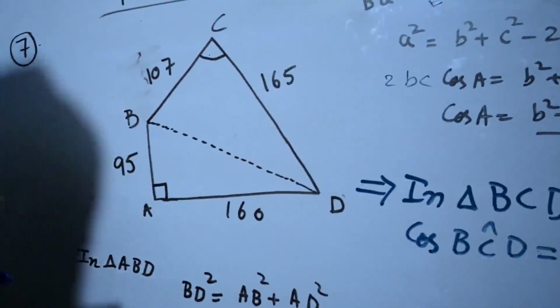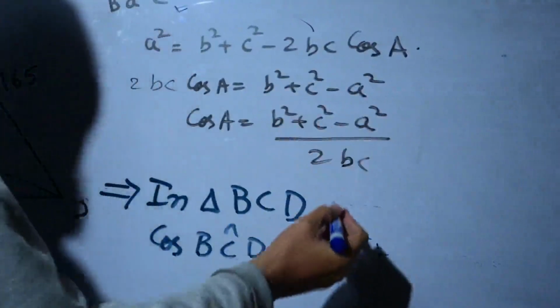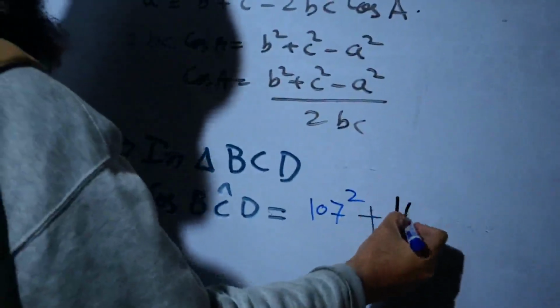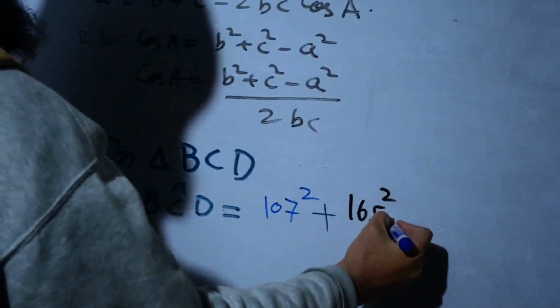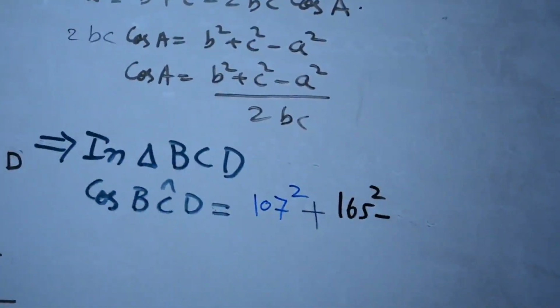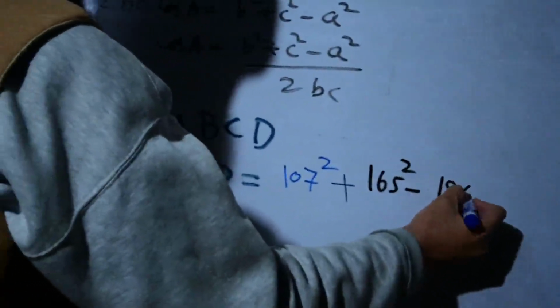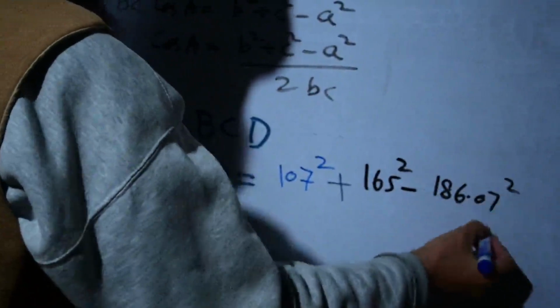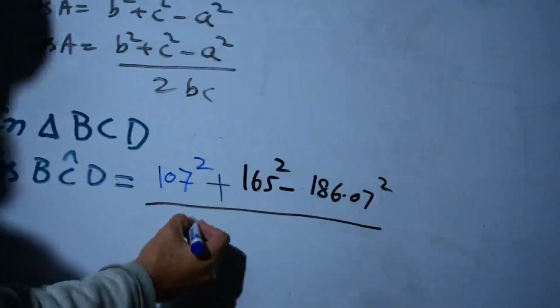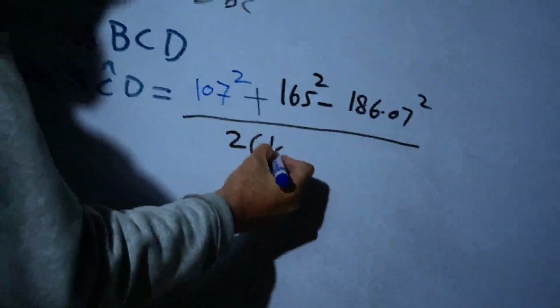It is very easy. So 107 square plus 165 square minus a square, where a square is 186.07 square, divided by 2 into BC, 107 into 165.